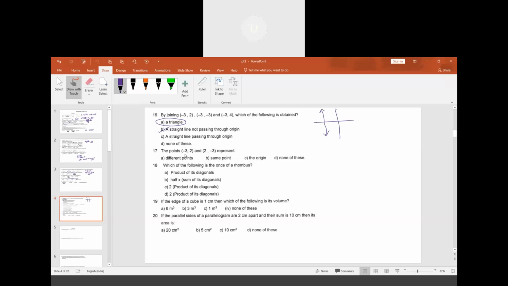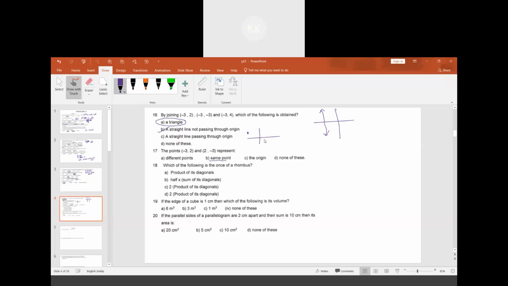The points (-3, 2) and (2, -3) represent different points. Option A. Some of them have chosen the same point. How will this be the same point? This is clearly in the second quadrant. This is in the fourth quadrant. Can none of these also be an answer?